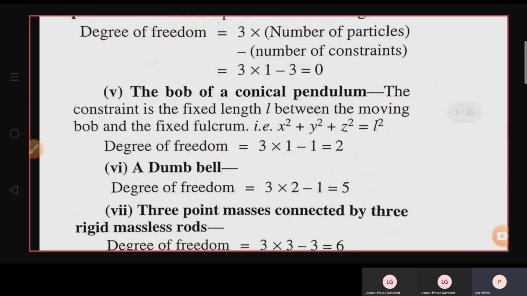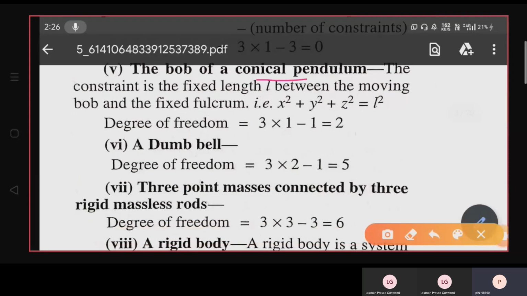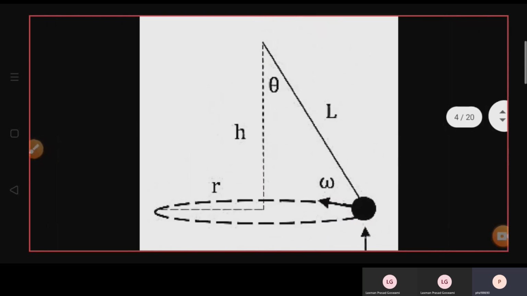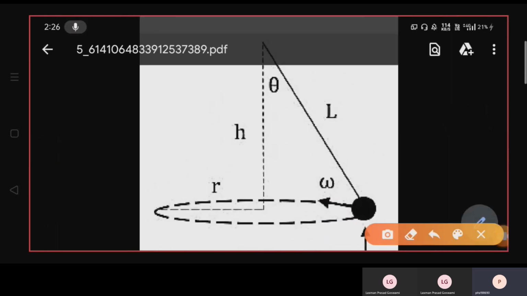Now we take another example, the bob of a conical pendulum. What is a conical pendulum? A conical pendulum is actually nothing but like a simple pendulum. The difference is that a simple pendulum does a to and fro motion, but a conical pendulum does a rotational motion.